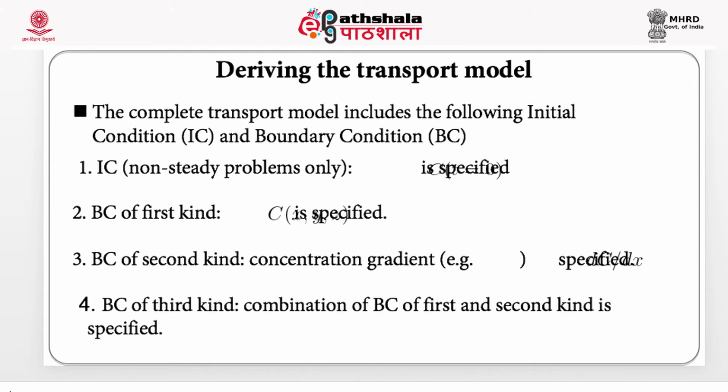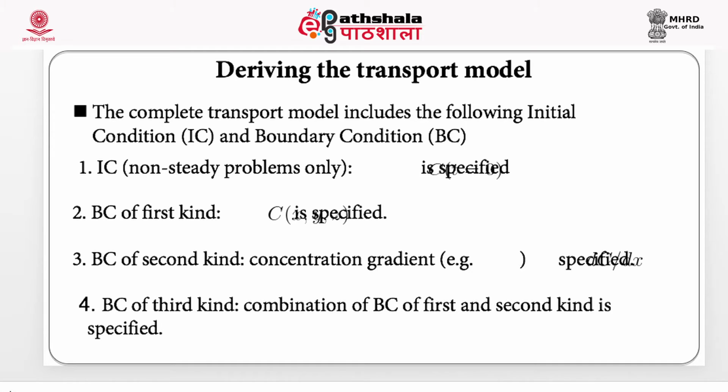For the boundary condition, analogous to the flow model, we have 3 boundary conditions. The first is the boundary condition of first type, also called the first kind. In this boundary condition, we have to specify concentrations at different places in space. In the second type of boundary condition, also called the second kind, we define the concentration gradient.